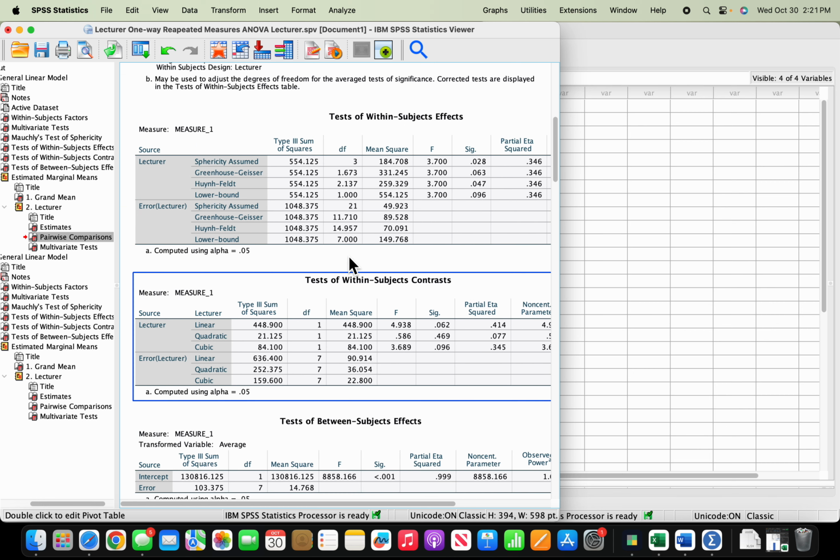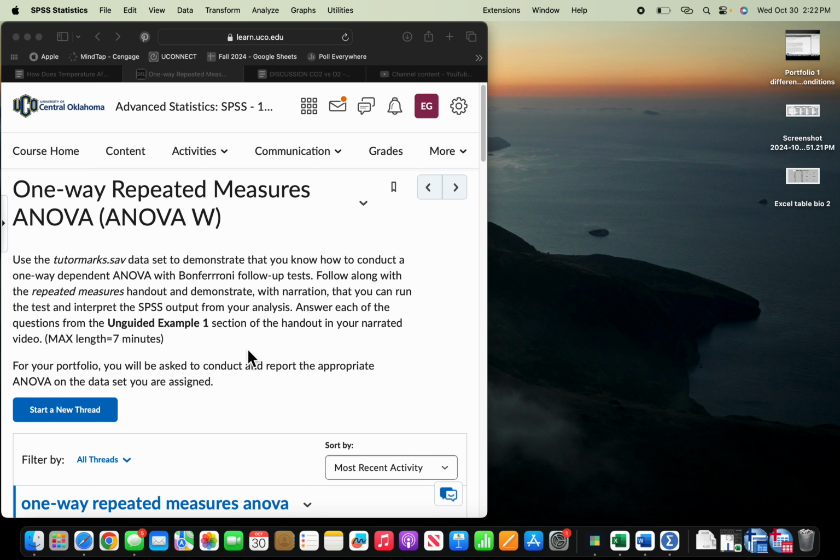And then it says to answer the questions that were on the packet. The 2 questions were: what kind of analysis did we run, and that was going to be the repeated measures, which I walked us through, and the other question was, do the findings support the hypothesis?